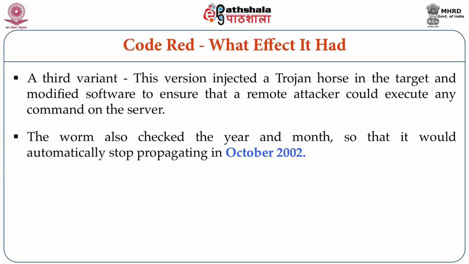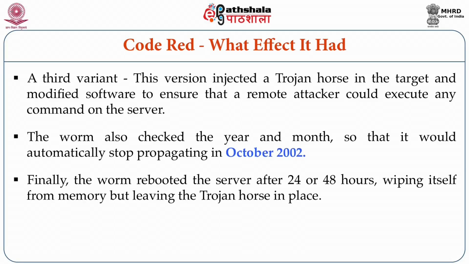The worm also checked the year and month so that it would automatically stop propagating in October 2002. The worm rebooted the server after 24 or 48 hours, wiping itself from memory, but it left the Trojan in place.